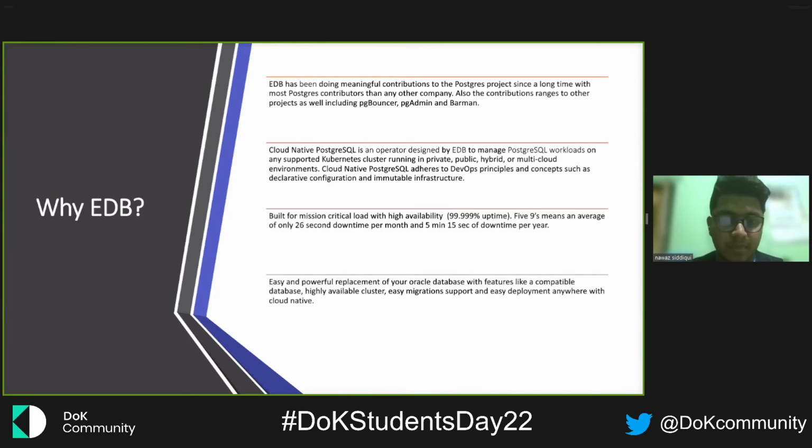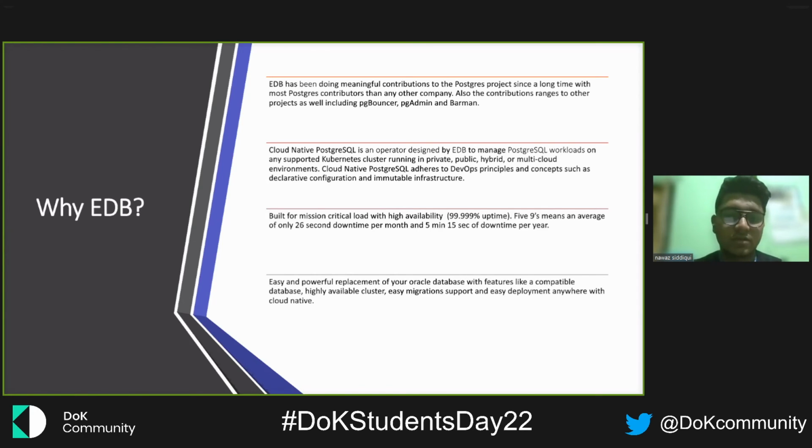And there's an operator developed by EDB called CloudNativePG. It is an operator that is able to manage Postgres workloads on any supported Kubernetes cluster, whether it's private, public, or multi-cloud. EDB makes it highly available.